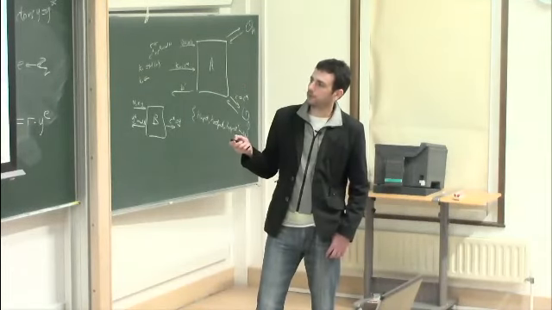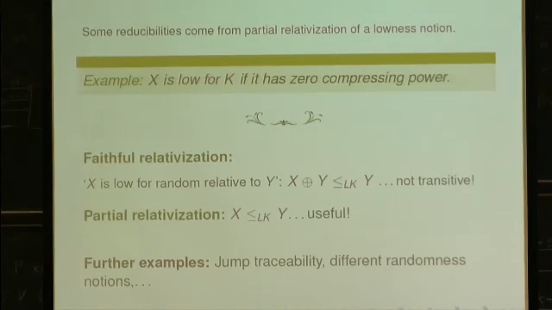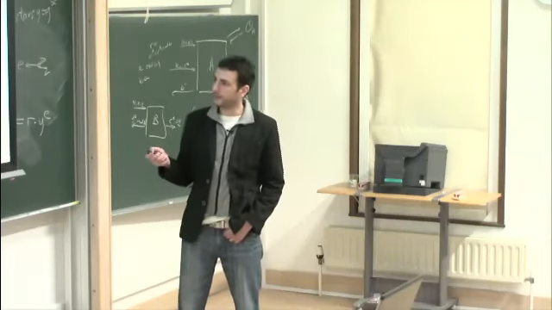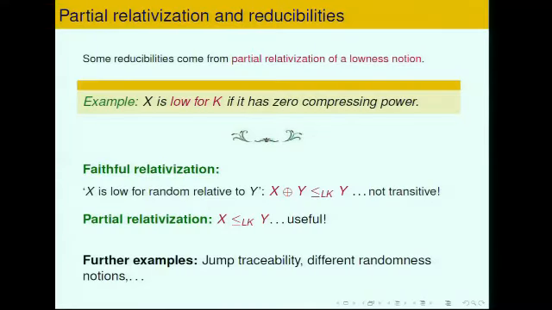If you try to define this naturally, in the sense of compressing power, you will come up with that, which means that you relativize some part of the definition, but some other you don't introduce the parameter. That's why it's called partial relativization. And in a lot of examples, it makes sense to do things this way. There are examples for other known notions like jump traceability, other randomness notions, which have found applications to other areas of computability theory.